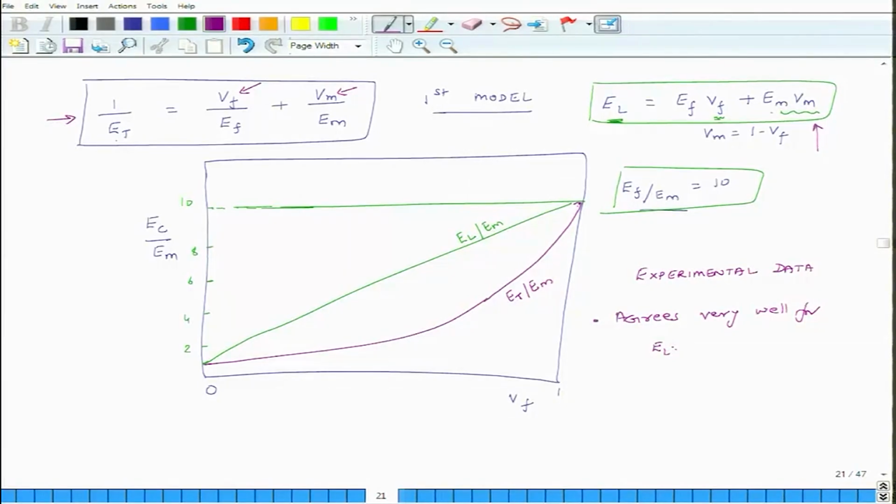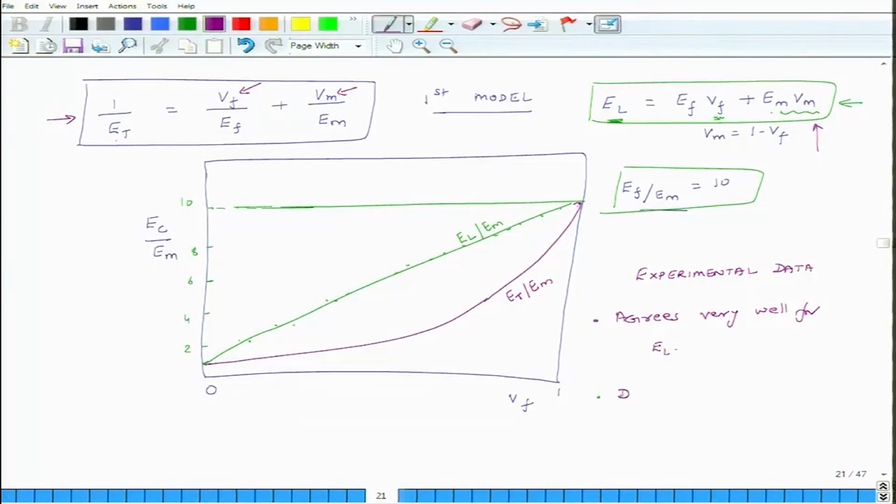If we take samples and pull them in longitudinal direction and find experimentally the values of EL, you will see a lot of values along this line, which means that the actual value of the longitudinal modulus of a composite is pretty close to our predicted value. So, we can reliably use the equation for EL.